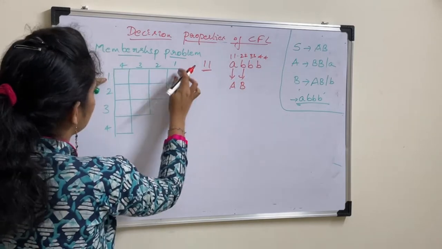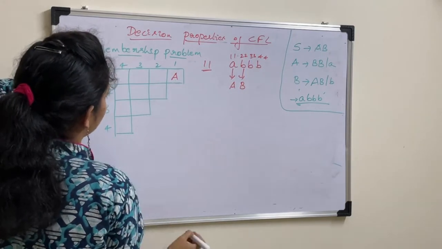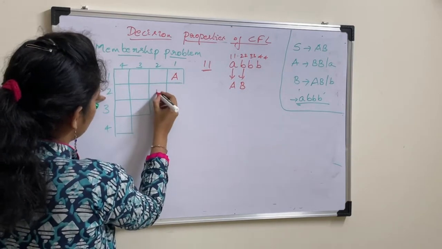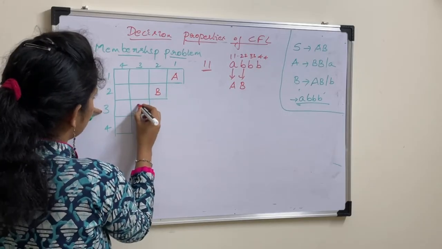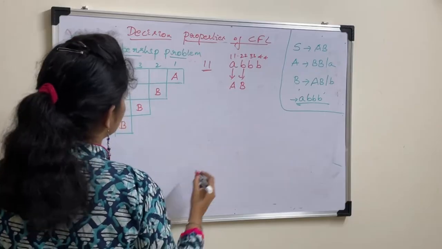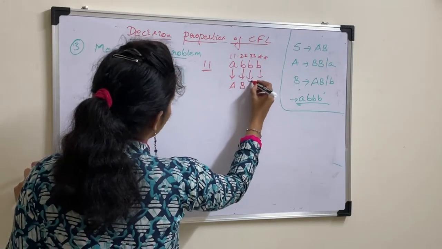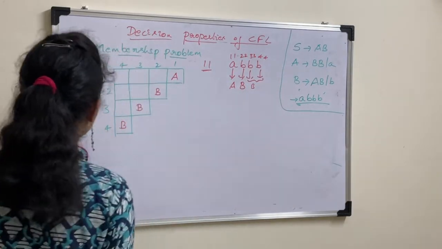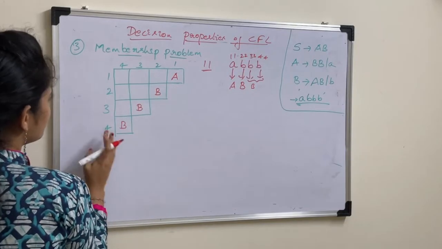In place of 1 1 keep A, in place of 2 2 capital B, 3 3 capital B, 4 4 capital B, as all of them are B's only. So now 1 length strings are over.